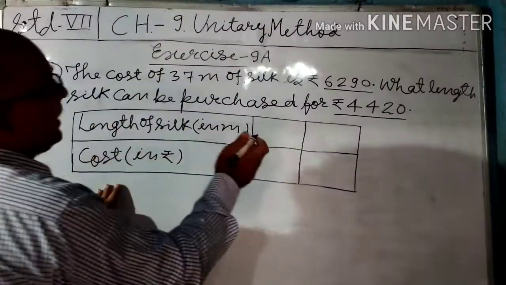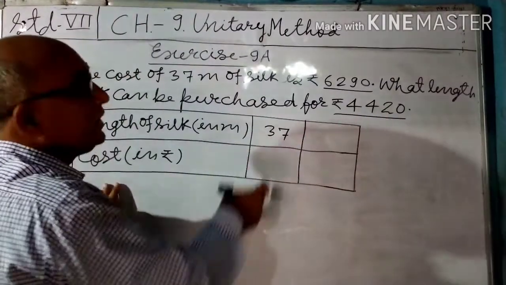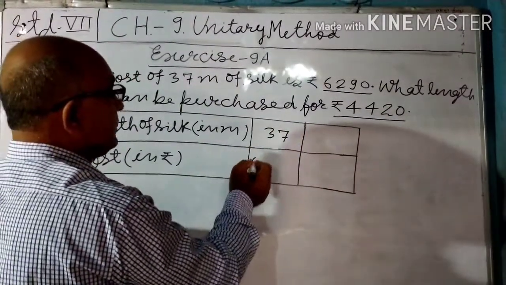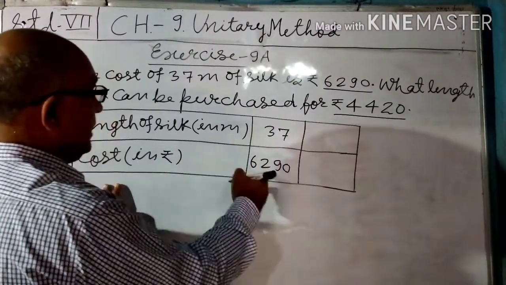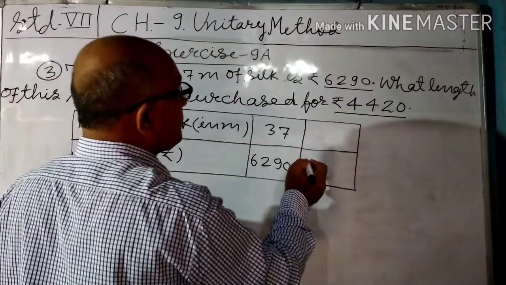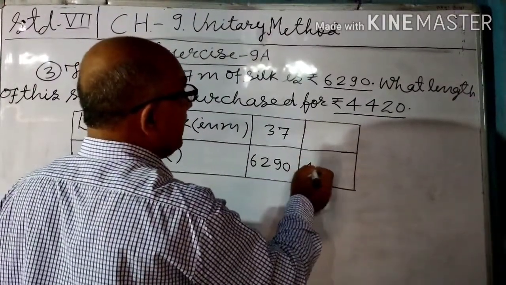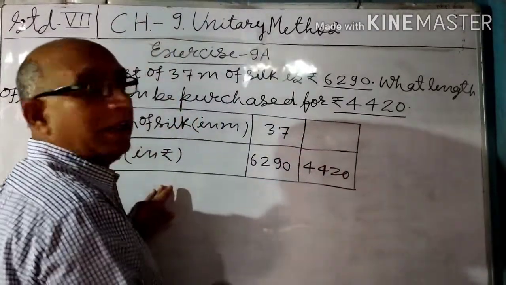Length of silk is 37 meters. The cost of 37 meters is 6,290 rupees. Now the cost of silk is rupees 4,420. Find the length of silk.